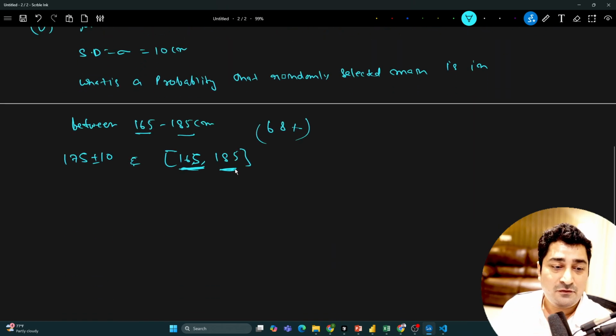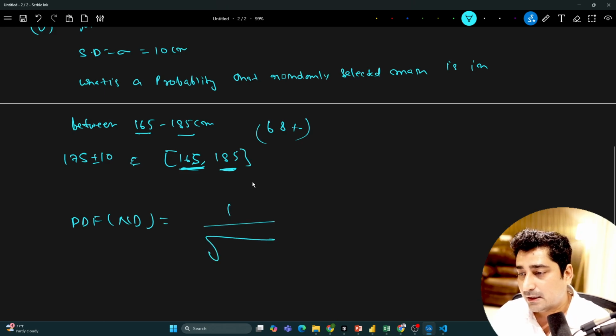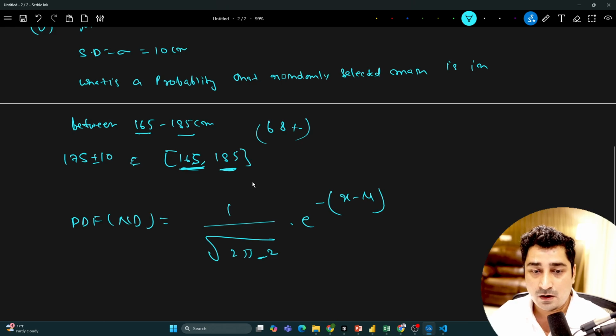Now, there is a formula. There is a probability density function for a normal distribution, and it says 1 by the square root of 2 pi standard deviation squared, times e to the power of minus (x minus mu) squared divided by 2 standard deviation squared.